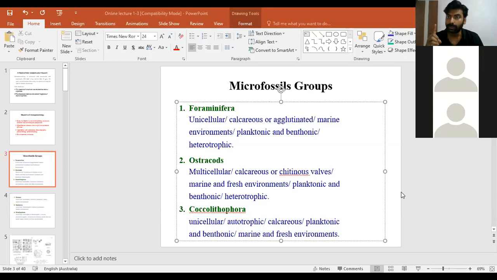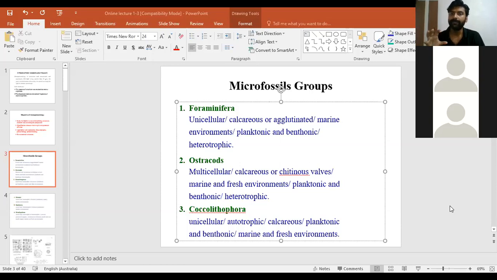So in case of Foraminifera, they are incapable of cooking or making their own food. Okay, understand? Yes sir. Okay, good.